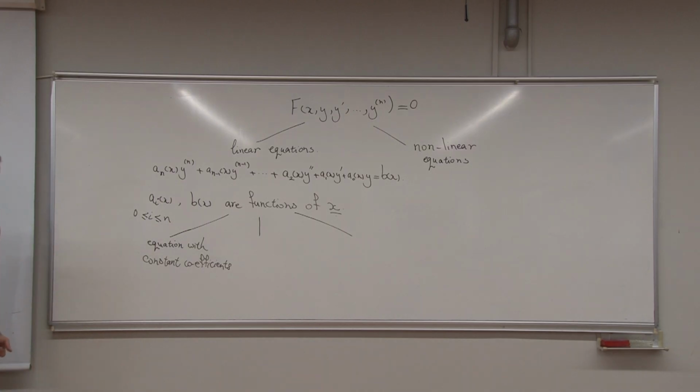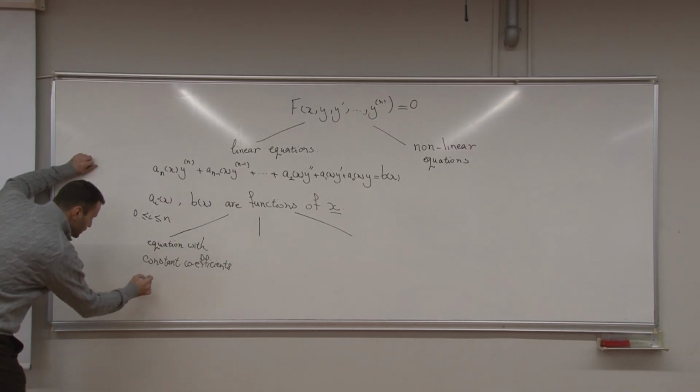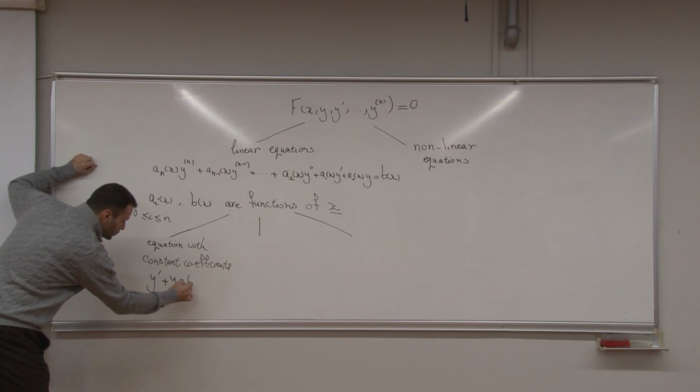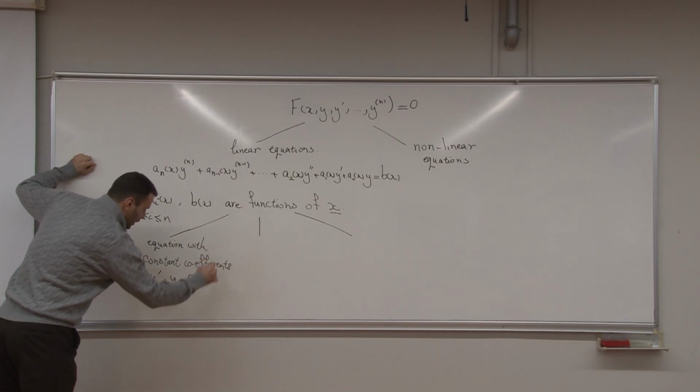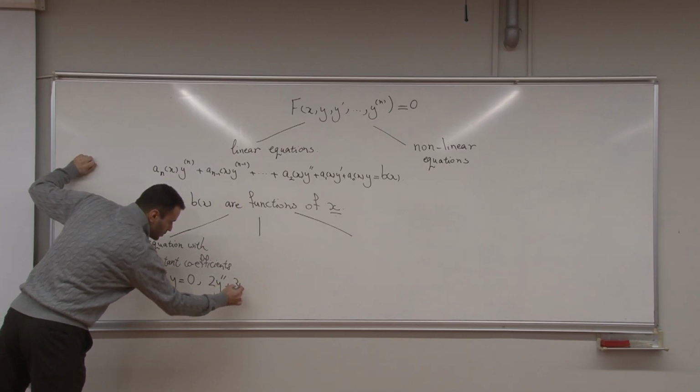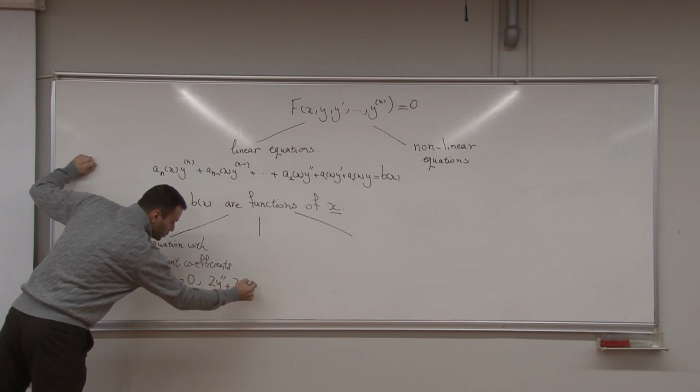For instance, look at this: y prime plus y equal to 0. I don't know, 2y double prime plus 3y equal to 1.